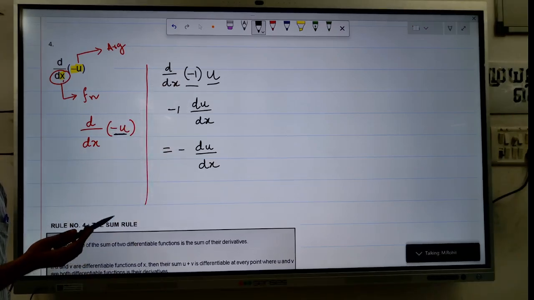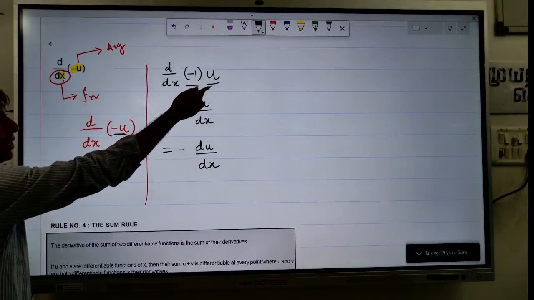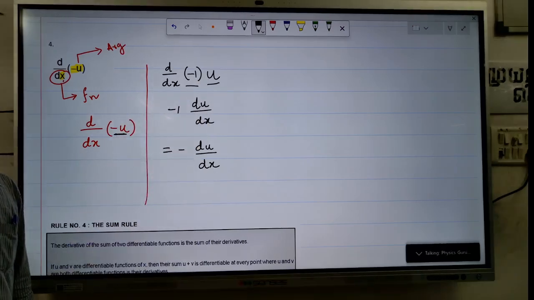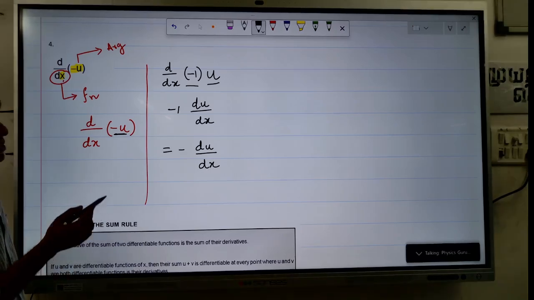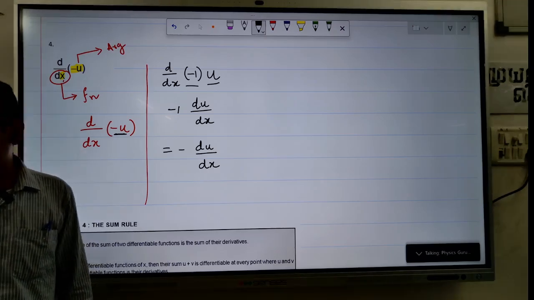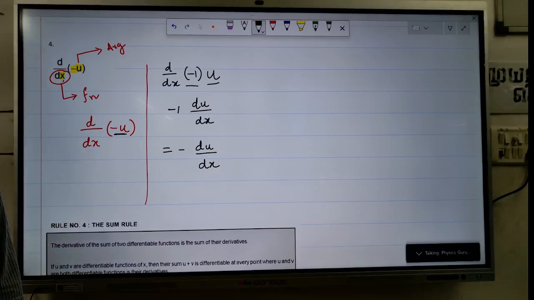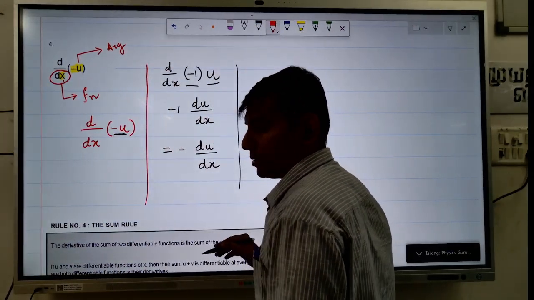So can that stay outside? Now it is only du by dx. Correct? No, no, no. A constant should not be taken as minus if it has something multiplied with it. Got it? Good that you asked.